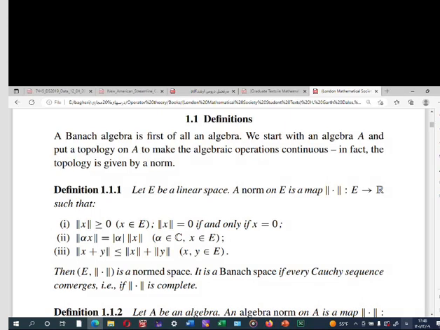Okay, this is the definition of norm. Let E be a linear space or a vector space. A norm on E is a map such as this from E to the real numbers, such that we have these three conditions. The norm of x is non-negative for any x in E, and the norm of x equals 0 if and only if x equals 0.